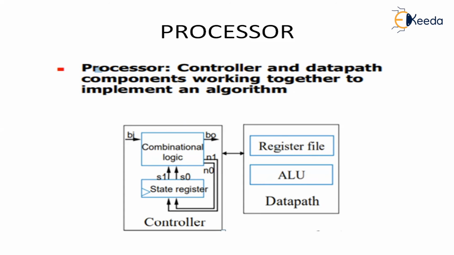First we will have to understand what the data path components of that particular processor are, and then we have to understand what the controller elements of that processor are. And we have to combine the data path as well as the controller, and that is going to give you the processor, right? So whatever the case study may be, first you start with the data path, do the controller, combine both, and you will end with the processor.